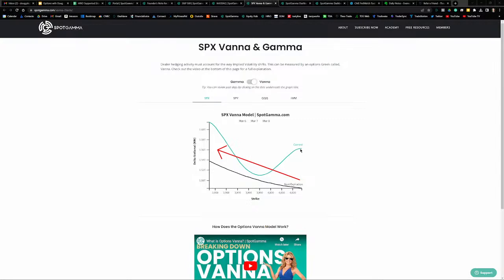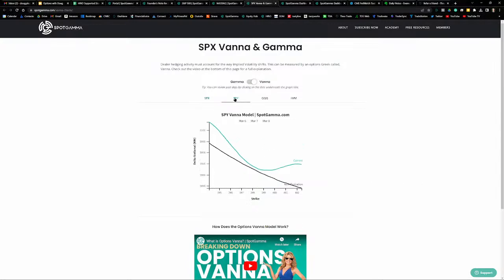And the green curve, that's the current expiration, is showing how their delta notional changes with changes in price and implied volatility. And that's the Vanna effect, the change in delta with a change in implied volatility. So that is SPX, again, a negative gamma environment.